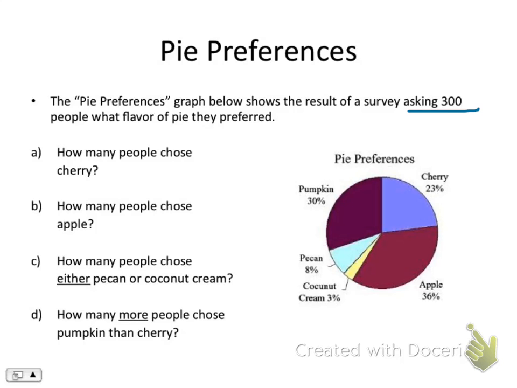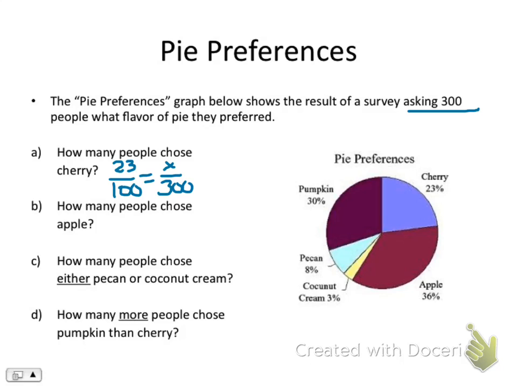So now we are taking 23% and converting that to the number of people. So we have a proportion that looks like we have the percentage, so 23 over 100 represents cherry, equals x over 300. And the reason I chose to put the number of students in the denominator is because that's the total number of students, the whole that we're talking about. And remember that the ratio is always part to whole.